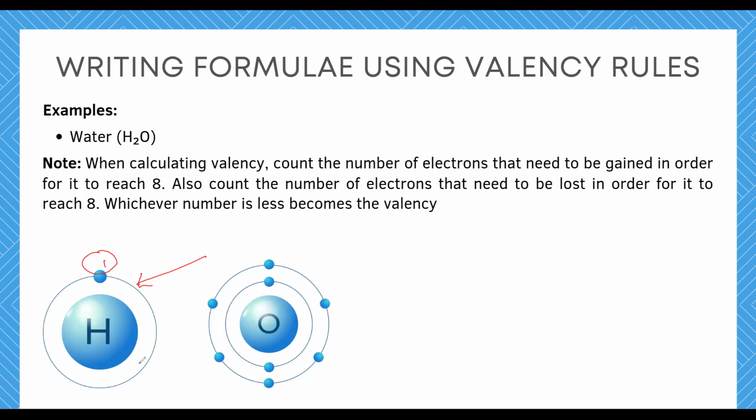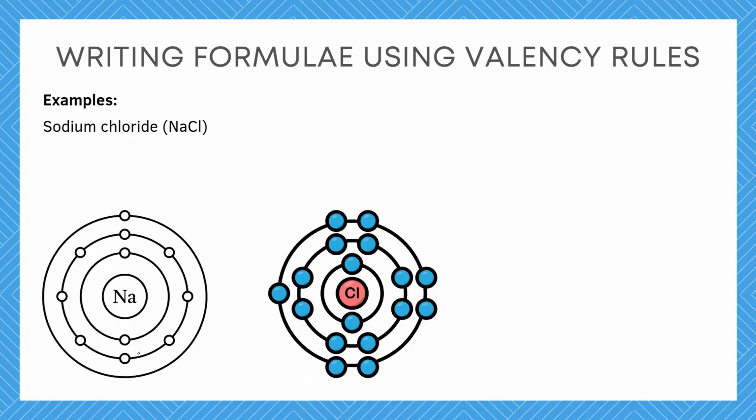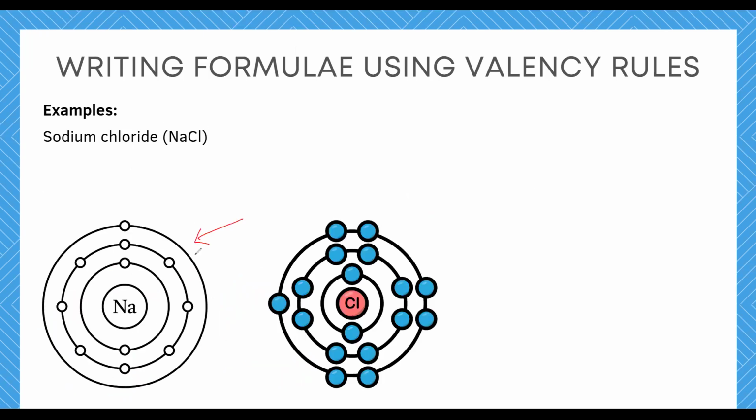Okay. Good. So now we're talking about sodium. Watch this. It has one electron over here, right? How many electrons does it need to gain in order to reach 8? Seven. Good. So how many electrons does it need to lose in order to reach 8? One.